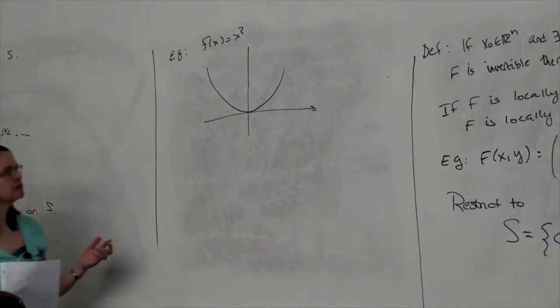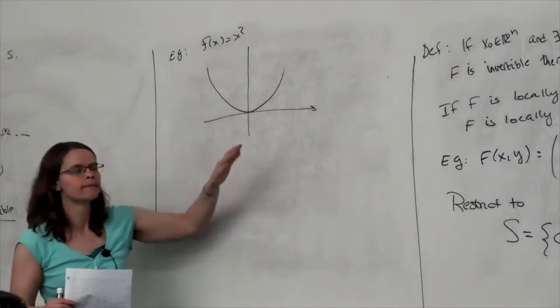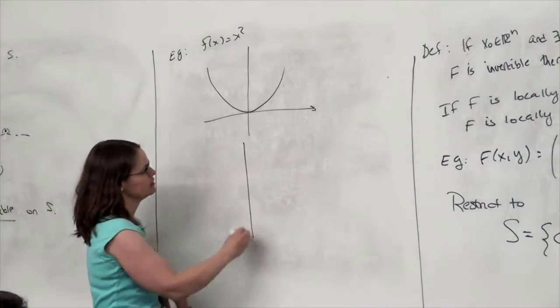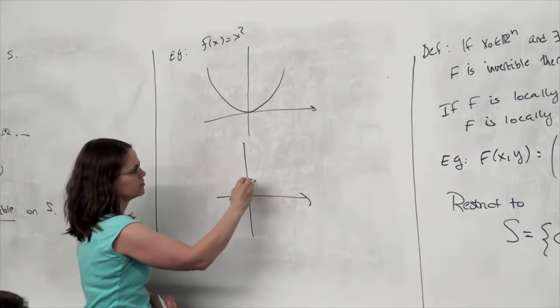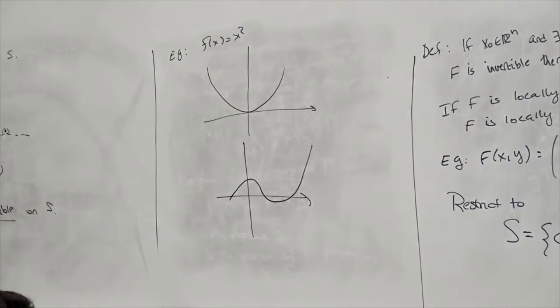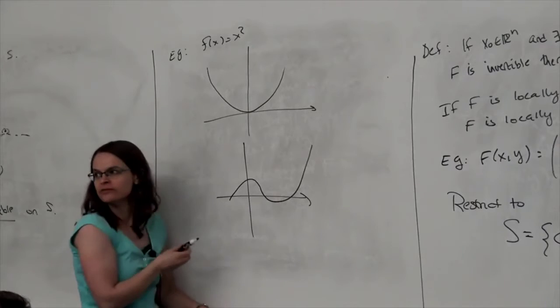It's not one-to-one, yeah. It's not monotonic. Even? It's even, but it doesn't matter that it's even. I could have a function like this that's also not one-to-one, not invertible. The problem is these points where the function turns around.